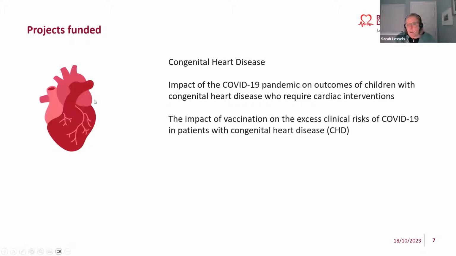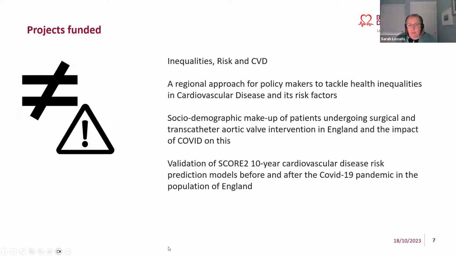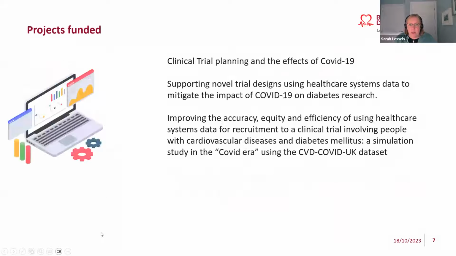Just to give you a flavour of the funded projects, I won't go through all the titles, bearing in mind the time, but we have projects across congenital heart disease, inequalities, risk and cardiovascular disease. We have 3 projects in that category. We have 2 projects that sit under clinical trial planning and the effects of COVID-19.